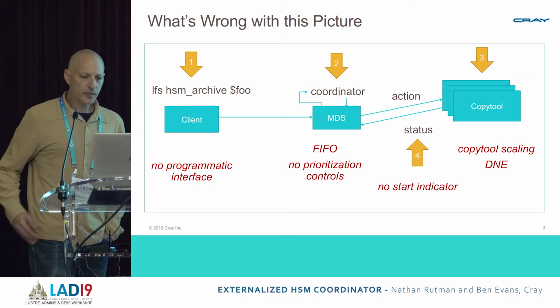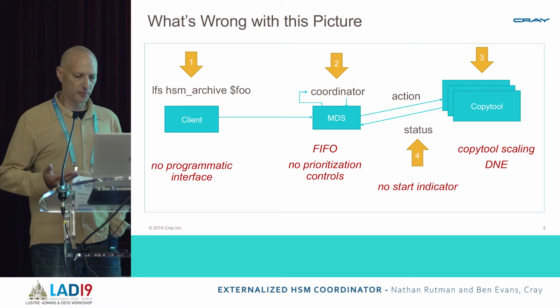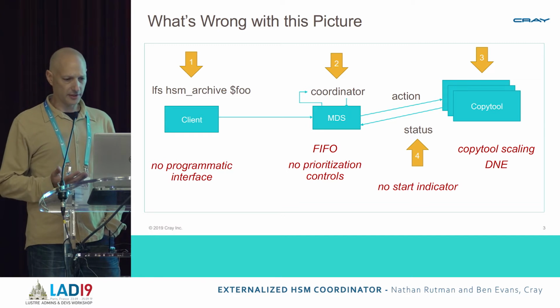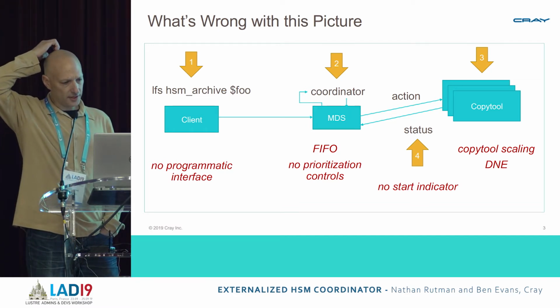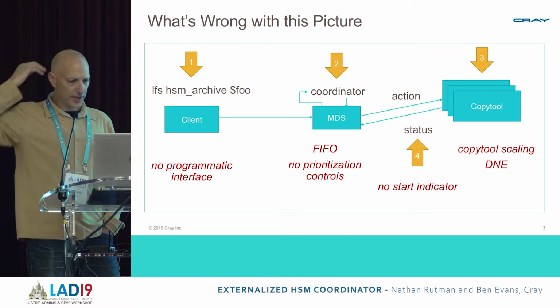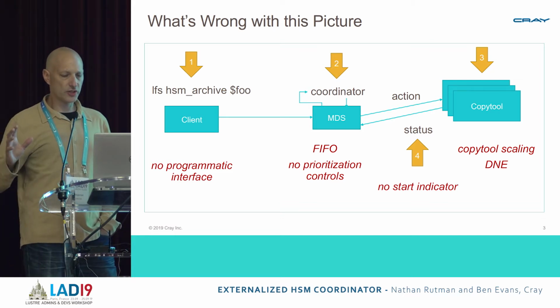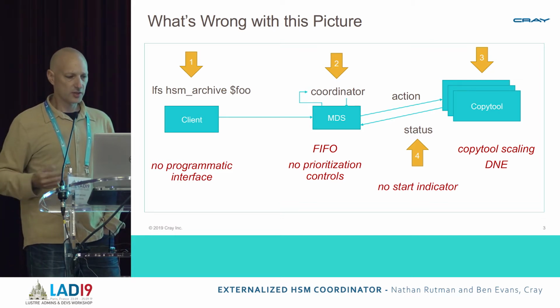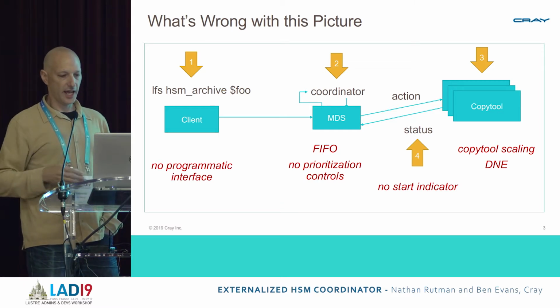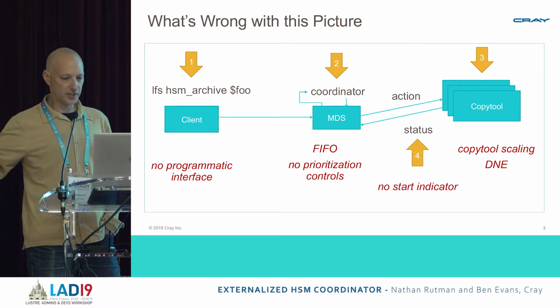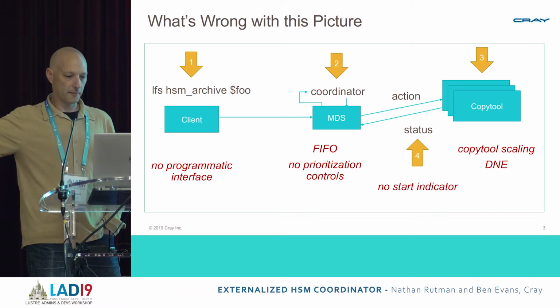And then finally, the fourth point on the list of problems is that we don't have a way to coordinate when something starts. Why does an HSM archive command have to wait for something to happen elsewhere?